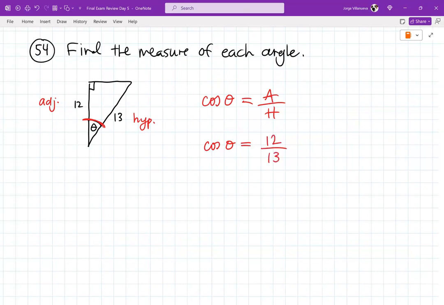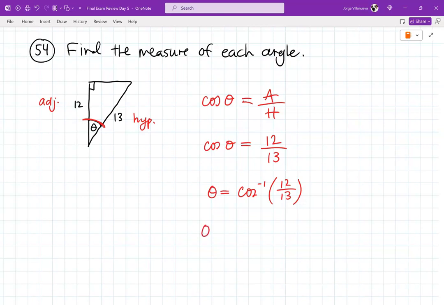13. And to solve for angles, we use the inverse function. In other words, we get that cosine and throw it to the other side. But when you do that, you got to use this notation. On your calculators, you'll be pressing the shift function.